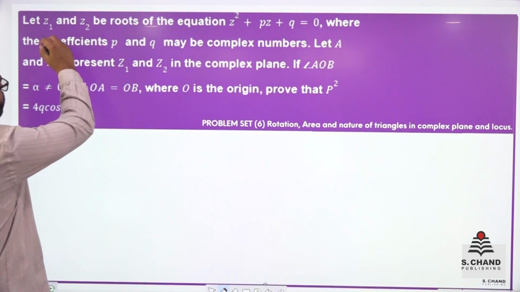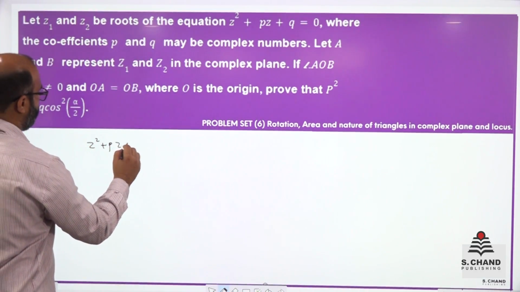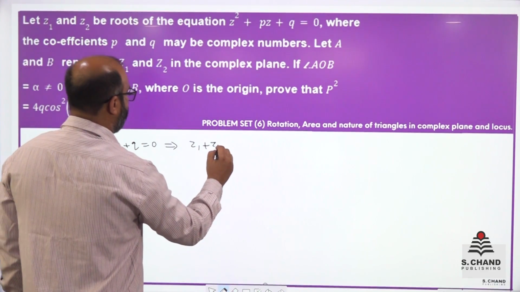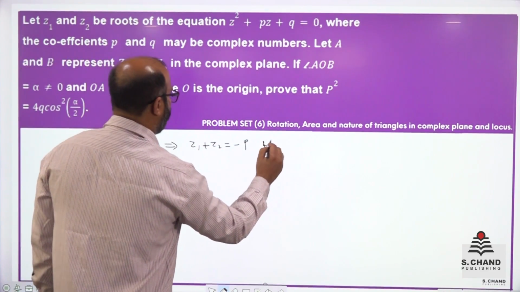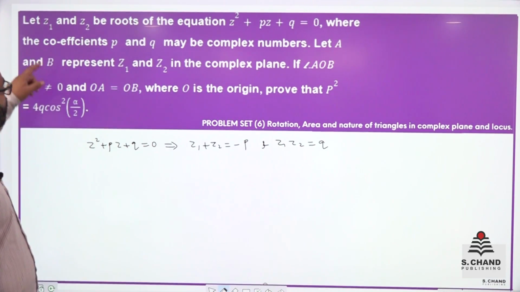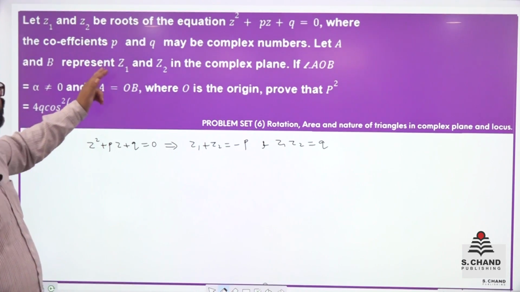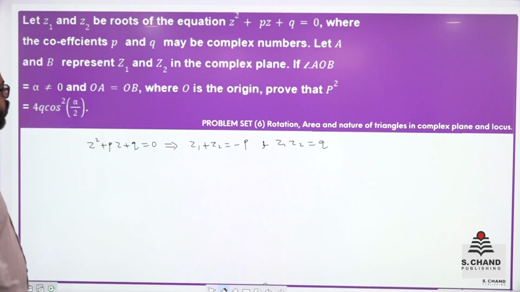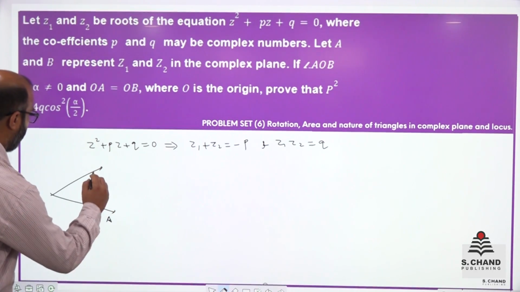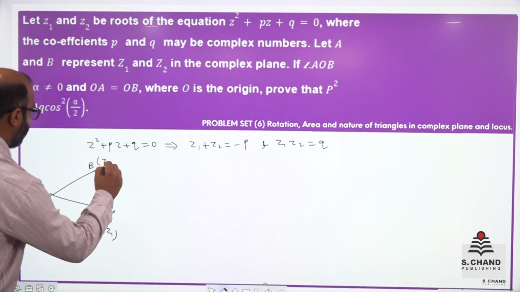So according to the question, z square plus pz plus q is equal to 0 means the sum of the roots is equal to minus p and product of the roots is equal to q. The coefficients p and q may be complex numbers. Let a and b represent z1 and z2 in the complex plane. So a and b are representing z1 complex number and z2 complex number.